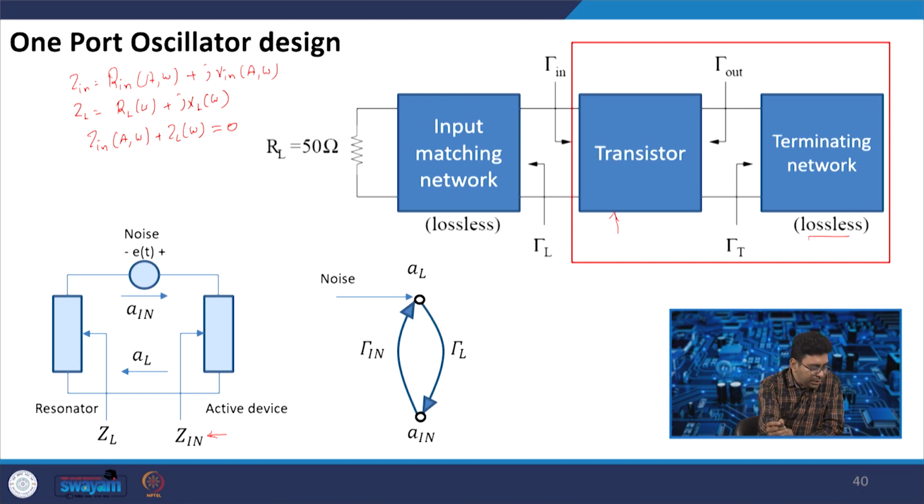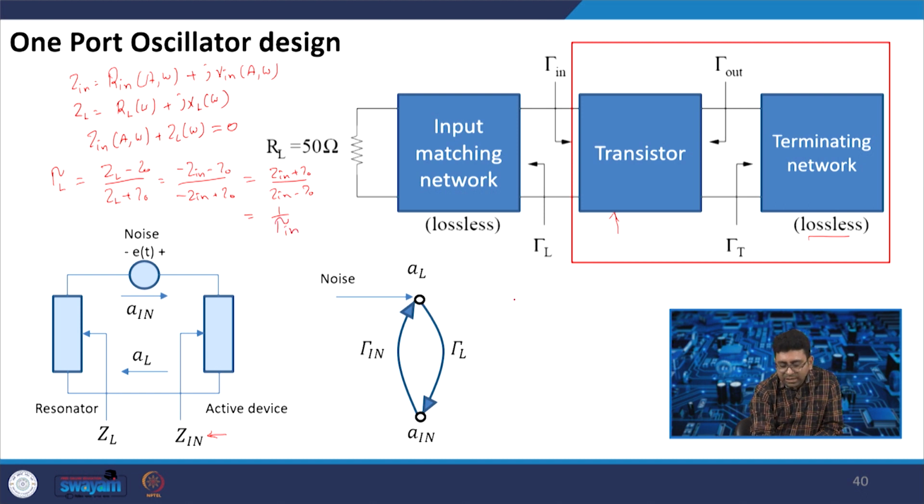If we try to represent the same thing in terms of the reflection coefficient gamma L, which is given by (Z L minus Z naught) by (Z L plus Z naught), with Z L (omega) equal to minus Z in, we can write (minus Z in minus Z naught) divided by (minus Z in plus Z naught), which eventually we can write as (Z in plus Z naught) by (Z in minus Z naught), if we take a negative, which is equal to 1 by gamma in.